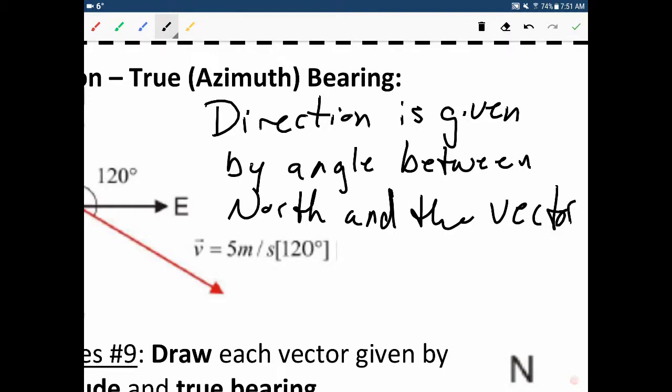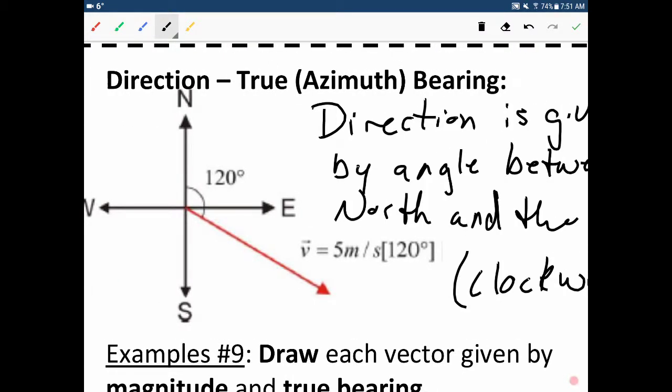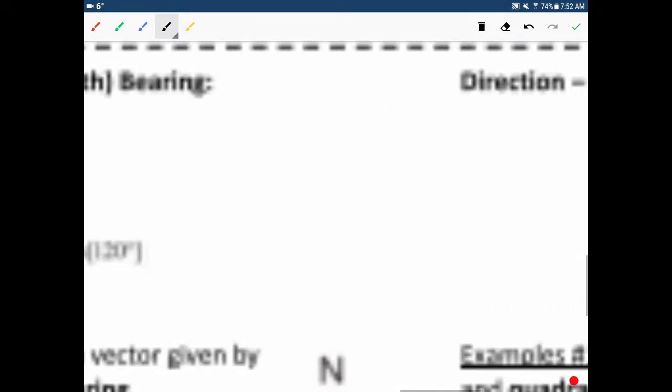And you do always have to go clockwise for this. Always clockwise. So for instance, here we've got this guy here. The angle starting at north going around to the vector was 120 degrees. So we just put square brackets next to our measurement and write 120 degrees. If there's no directions given, you assume that this is a true bearing.